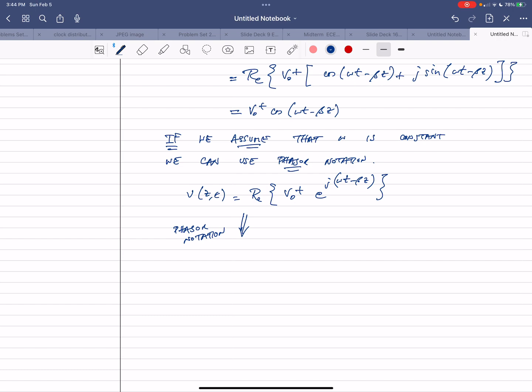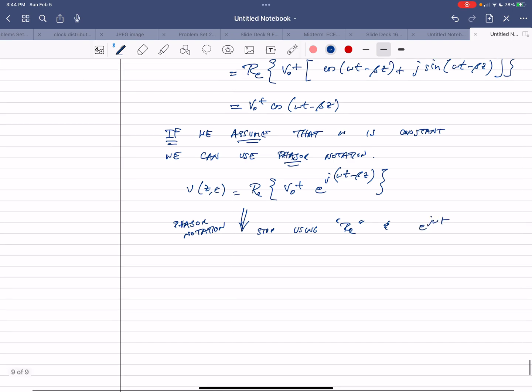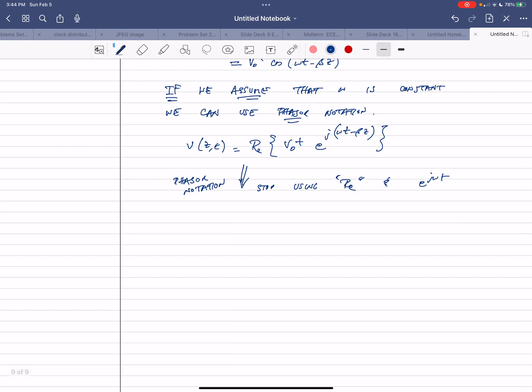So what we can do to use this phasor notation is we can stop using the real part and e to the j omega t when we do our calculations, and then at the end of our calculations, when we're all done, we can reinsert those back in. So in phasor notation, this would look like V of z is V0 plus e to the minus j beta z.